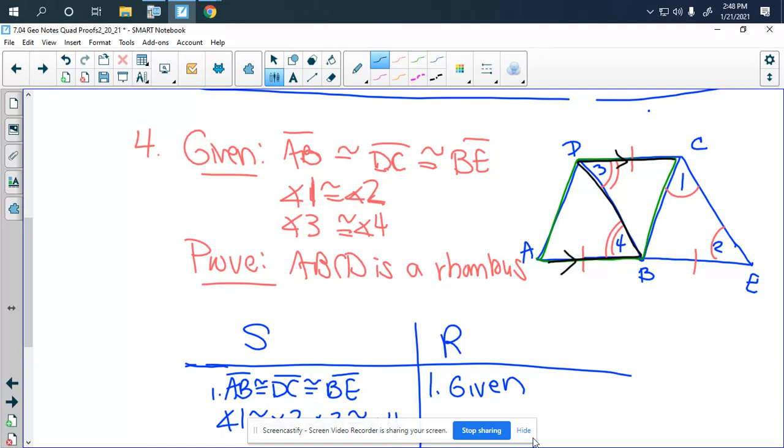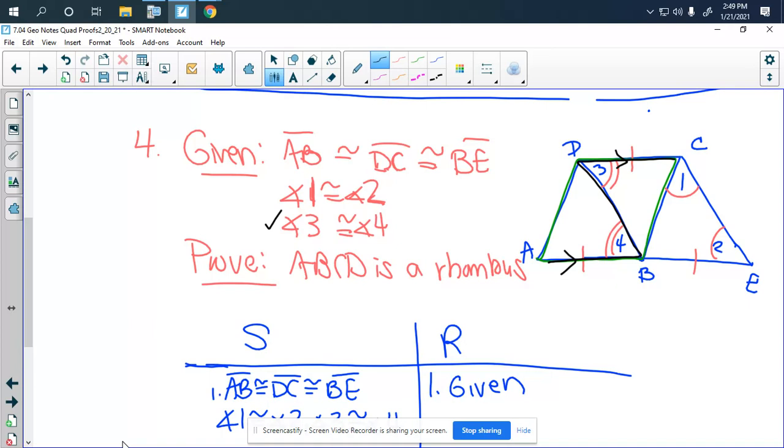So that would be enough information to get A, B, C, D to be a parallelogram. Once it's a parallelogram, though, I need it to have 2 congruent consecutive sides. So right now, I only have a pair of opposite sides congruent, but I haven't used my givens yet, all of them. I concluded from this one, and I've kind of used the first one, but I haven't used all of it yet.